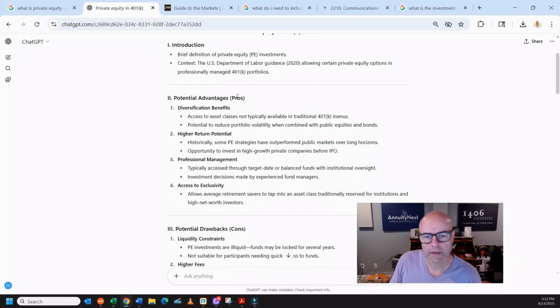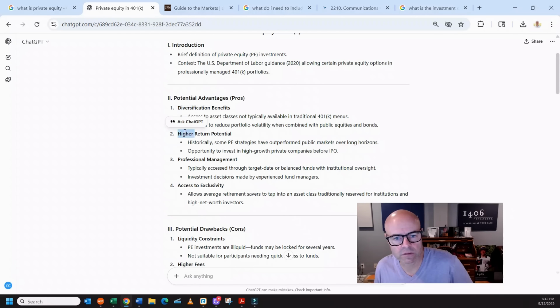So potential advantages: diversification benefits, right? So more diversification. It suggests that private equity has higher return potential, right? Potential for higher returns, but I have a talking point on that. Professional management, access through target date or balanced funds with institutional oversight. Let me come back to that.